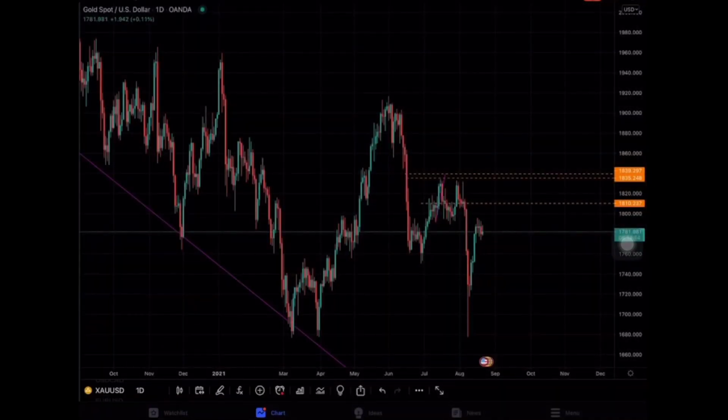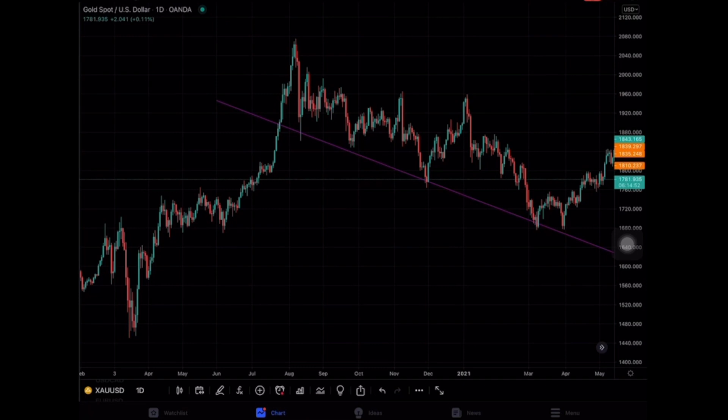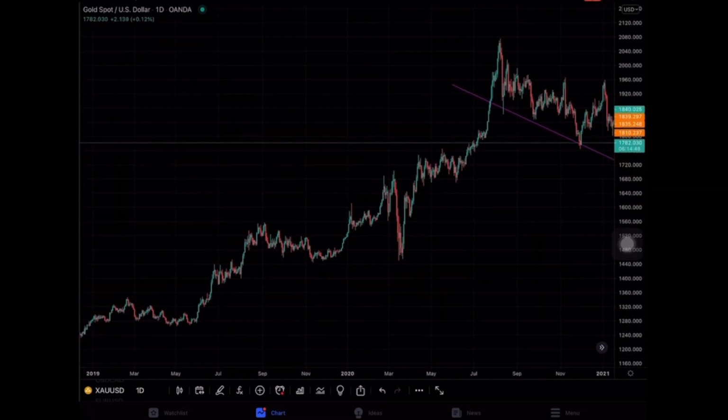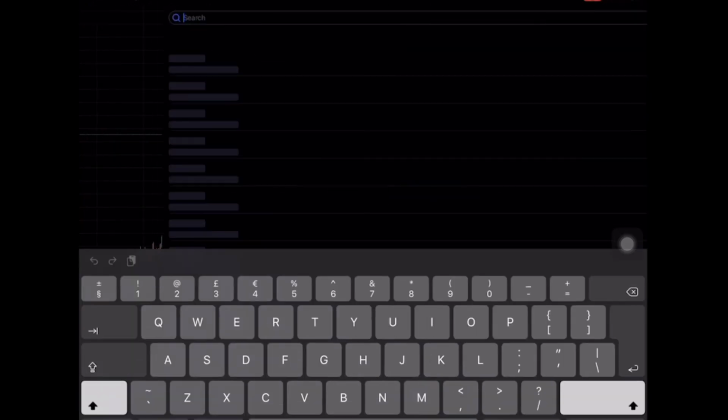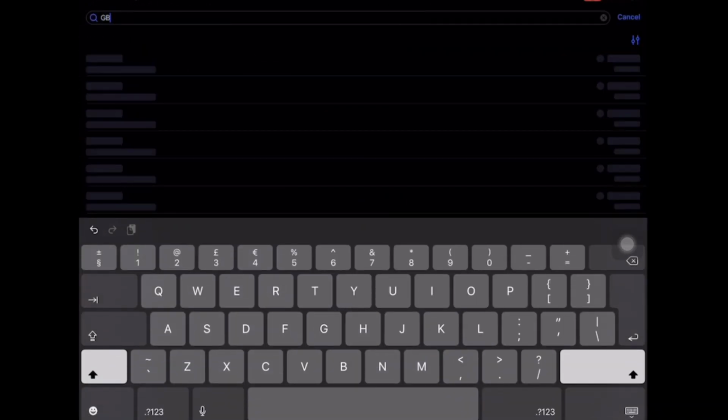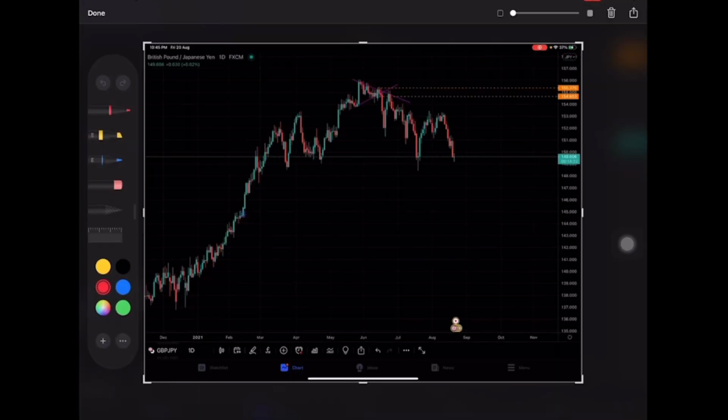Now we are going to try to find HNS or inverted HNS. Usually HNS happens in GBP, JPY. You guys can see here, at this level, there is HNS, and then you can sell at this point.